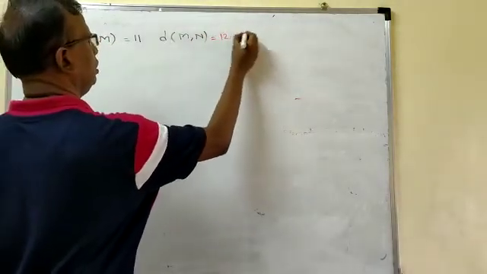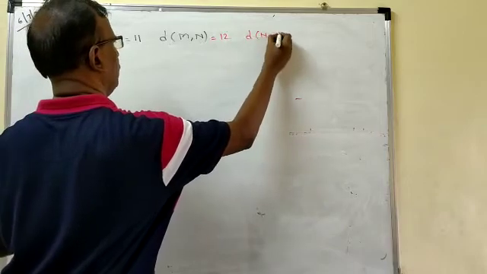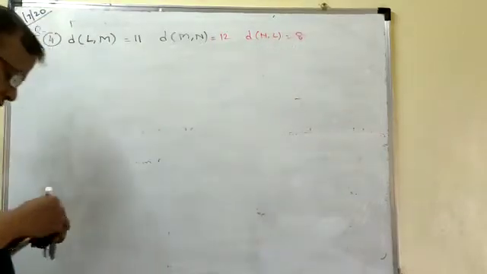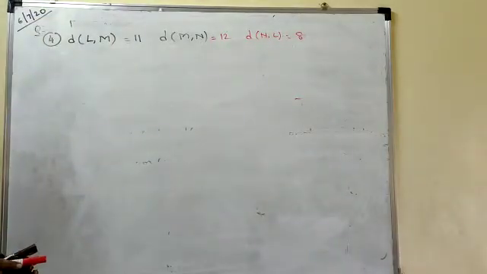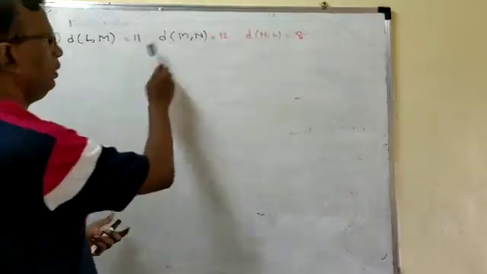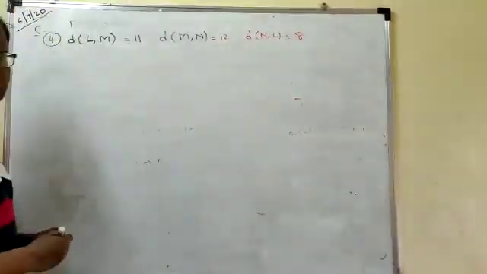Distance NL is what? 8. Now all three distances are given to you. Which distance is the highest one? 12 or 8? We say it is 12.